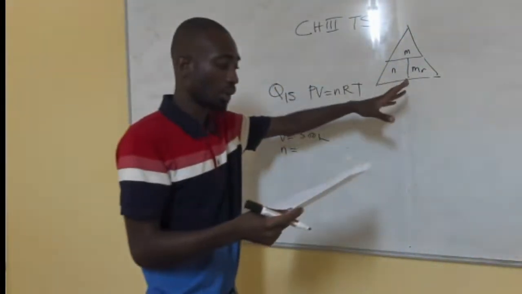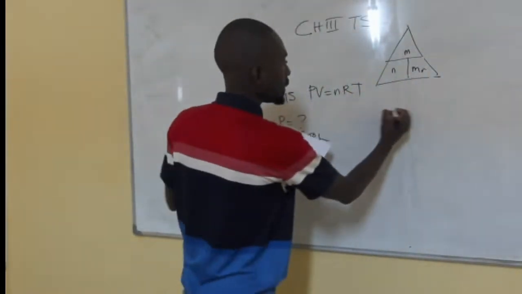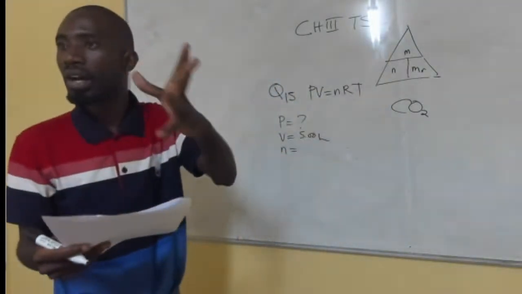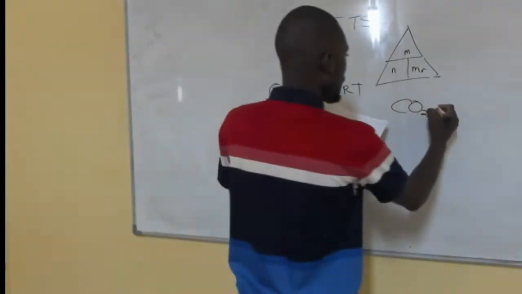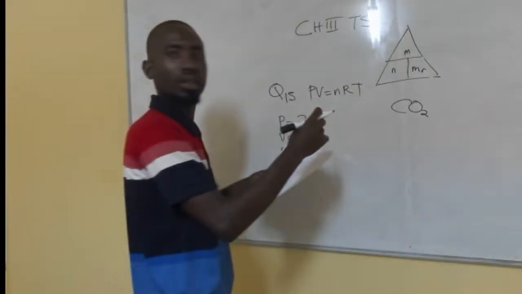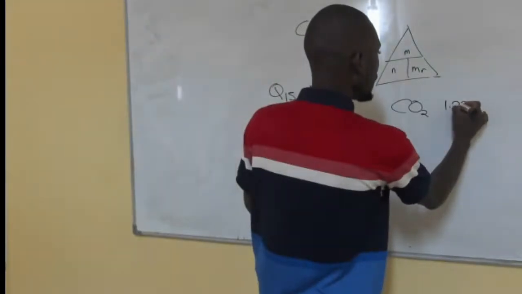So here we were given the gas in particular, which is what? Carbon dioxide. And the mass was how much? The mass was 1.28 grams.